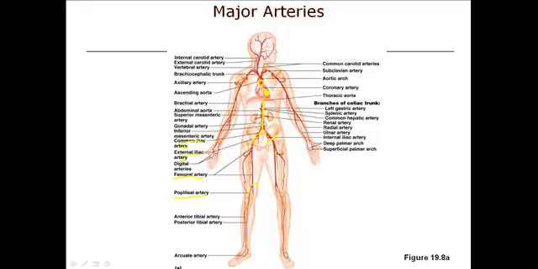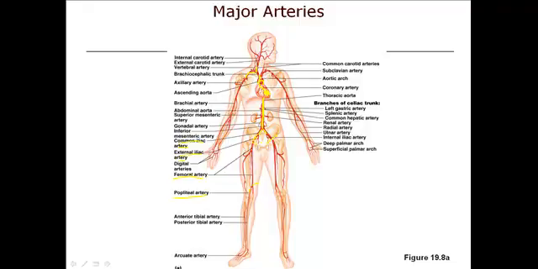So, on the arch of the aorta, we need to supply the right arm, the left arm, and the brain. So the right arm starts with this brachiocephalic trunk. That will branch into the right subclavian and the right common carotid.